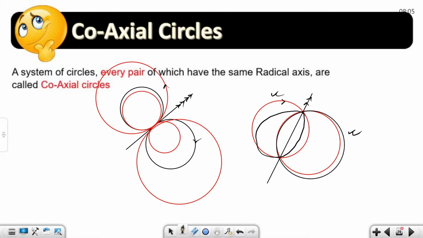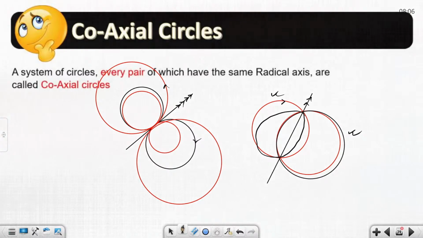So you choose any one of the circles and the radical axis that has been found. Any circle which is passing through the point of intersection of this circle and the radical axis belongs to the coaxial circles. They are all coaxial circles. Is it clear or not to everyone?